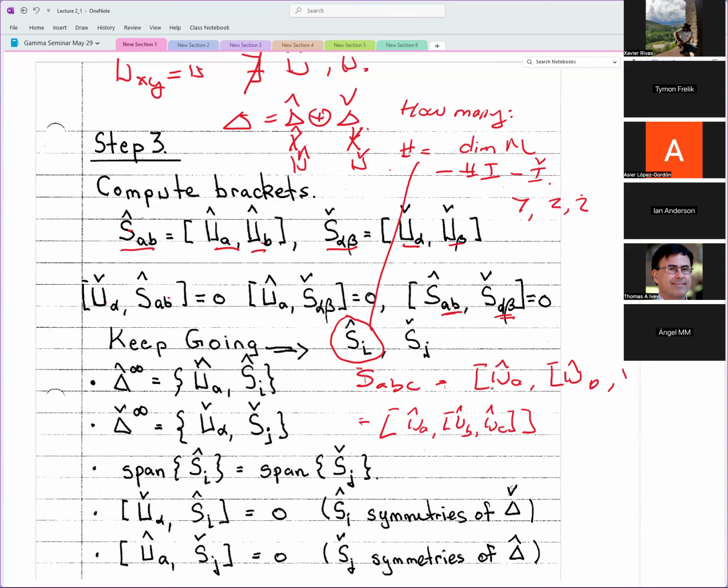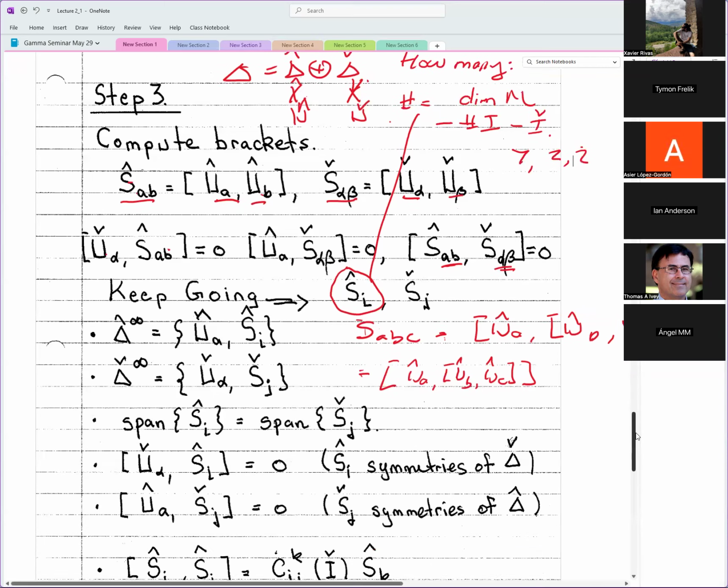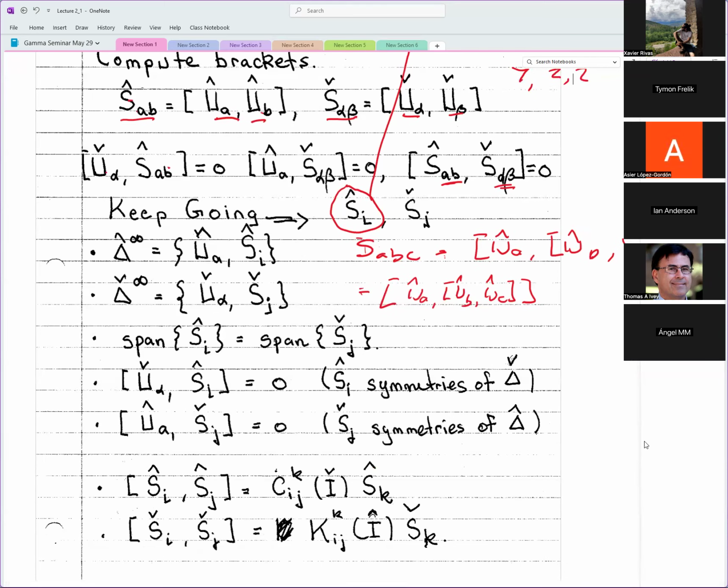Okay. So this set of vector fields that I've calculated have a bunch of remarkable properties. The first one is, by construction, I can derive the terminal derived flag of delta hat are the two commuting vector fields I started with, and all these S hats. The terminal derived flag for delta check are the vector fields I started with, and all these vector fields S check. The number here and the number here are the same.